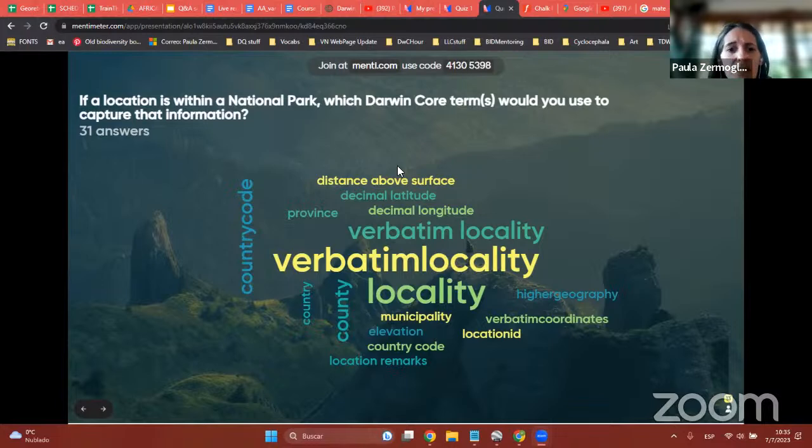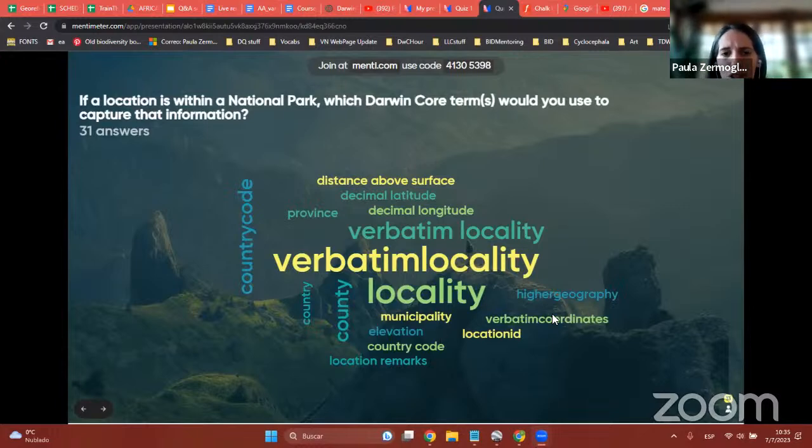So in these fields, we only capture distances above the surface, and in this one, in elevation, we capture elevation. We cannot put into those fields blah blah national park. That's not the kind of information that goes into these fields. Each field in Darwin Core is meant to capture a particular piece of information.